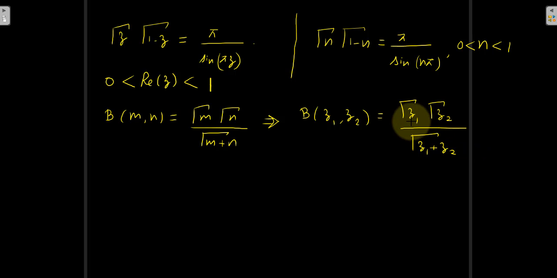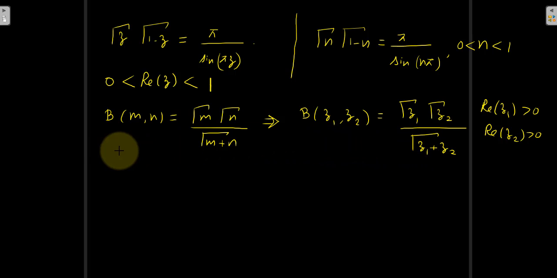We know that if the real part of z1 is greater than 0 and the real part of z2 is also greater than 0, then if we add z1 and z2, the corresponding complex number z1 plus z2 also has a positive real part.